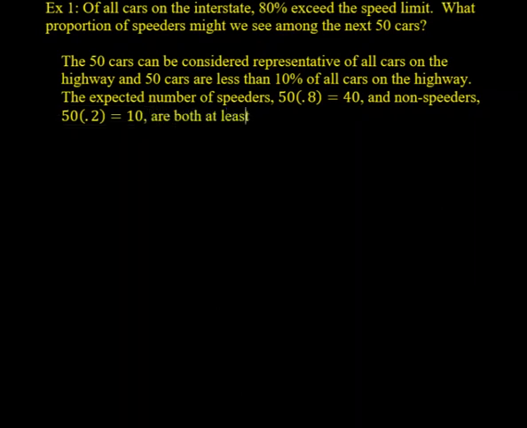These are both at least 10. So we can use the normal model for the sampling model of the proportion of speeders in 50 cars.